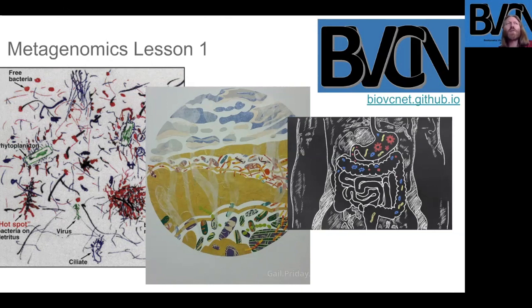But it's important to remember that in any community you go look at in nature, there's a whole host of things going on. In seawater, you have phytoplankton and bacteria and viruses and ciliates, protists, diatoms, all in these different micro niches, whether it be on a piece of detritus or something else sinking through the water.